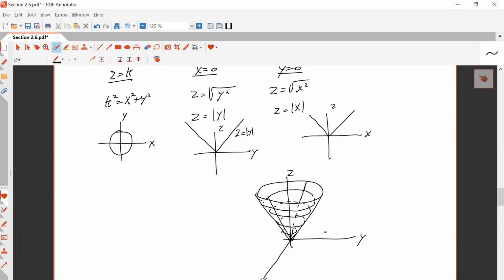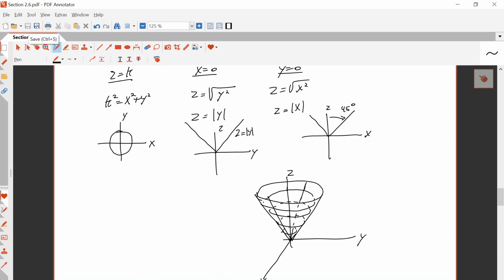Like that. All right, so that's a cone, where the angle here is 45 degrees. So that's a nice important surface.